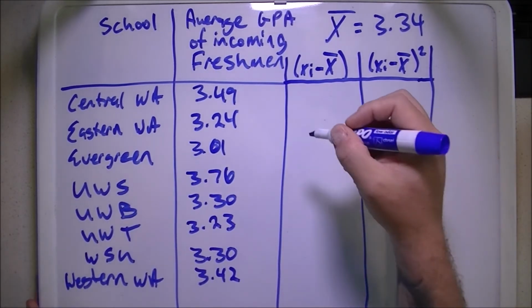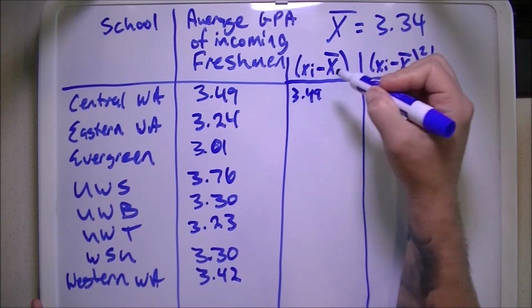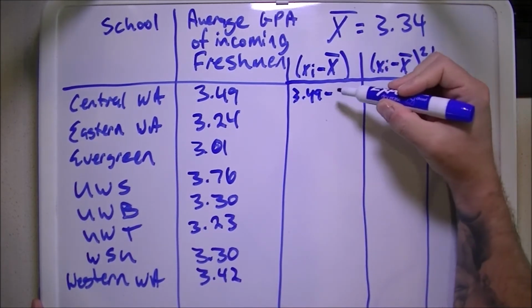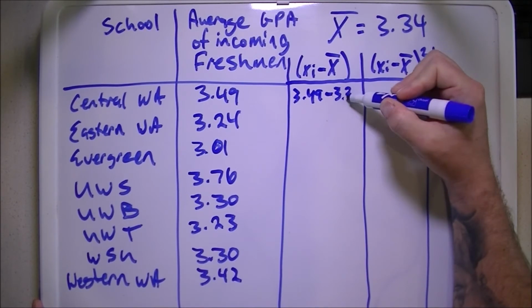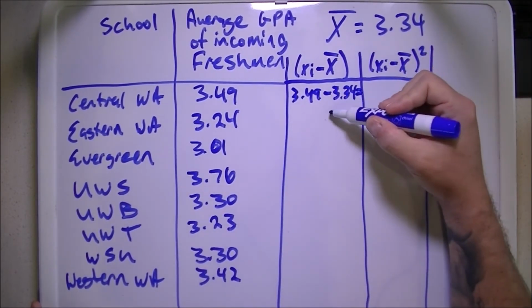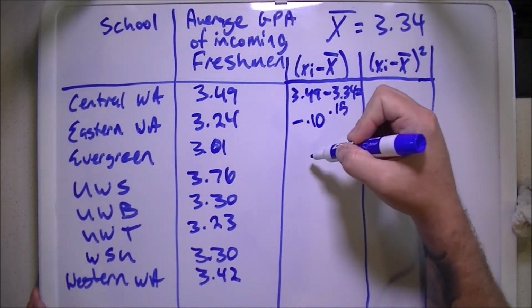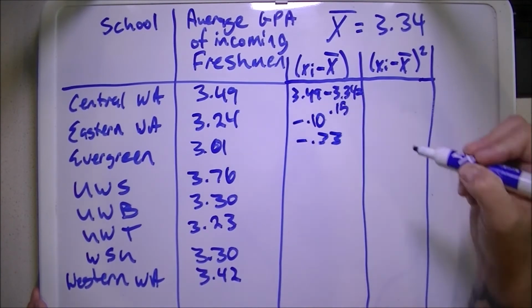We have our x score, 3.49, minus our 3.34, and what that gives us is 0.15. All right? So I'm going to do that for each one, and I already have it laid out in an Excel file, so I'm just going to write them down so you can follow along and do the math yourself if you'd like.